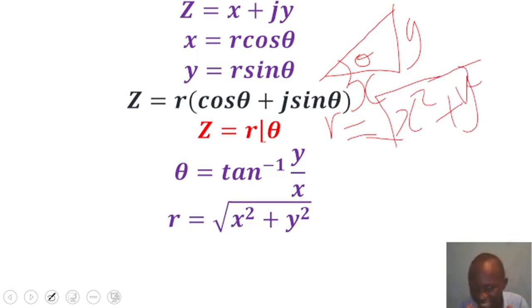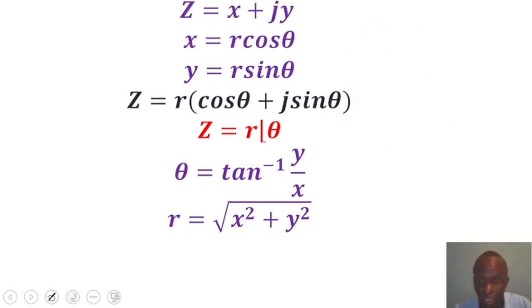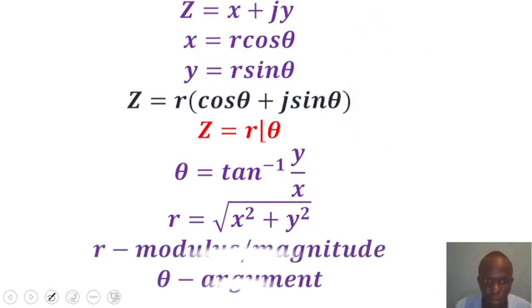Now you can see that these concepts are related to the concepts that you already know: Pythagorean theorem, trigonometry, the Cartesian plane, and so on. But even before we look at an example, let us define these terms.